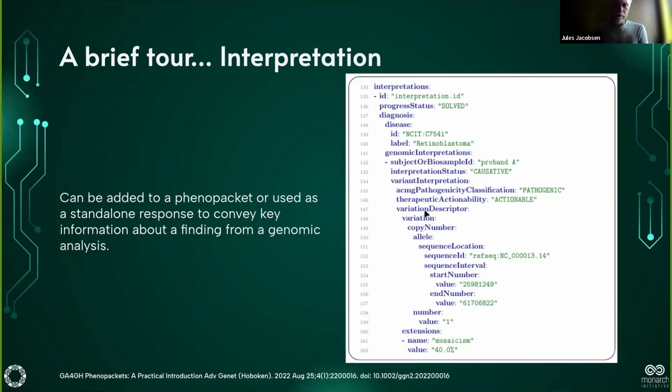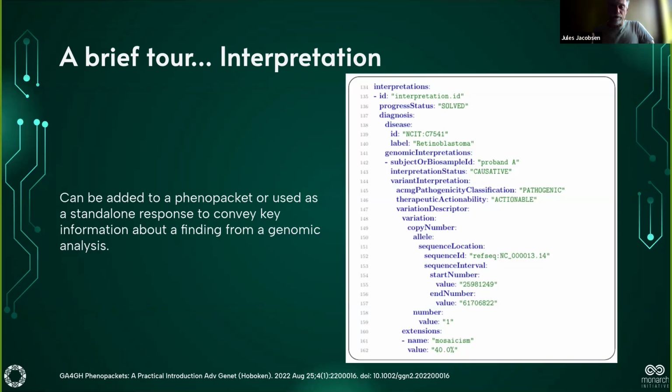In this case, there's a therapeutic actionability as well, so you can sometimes take action against particular variants that are known, and you could actually solve the case, or not solve the case, cure the case, hopefully. And then the variation descriptor. This part is actually part of another GA4GH standard. I mentioned beforehand the GKS, the Genomic Knowledge Standards.